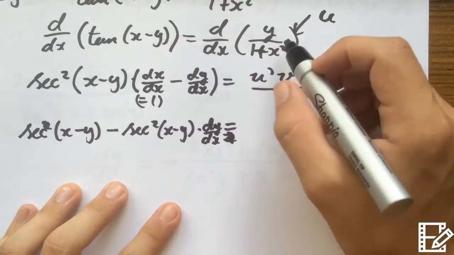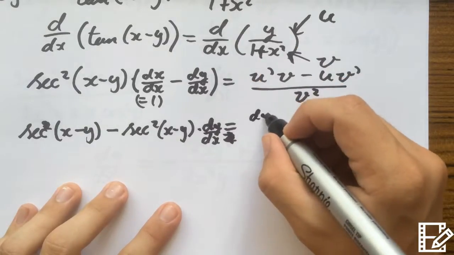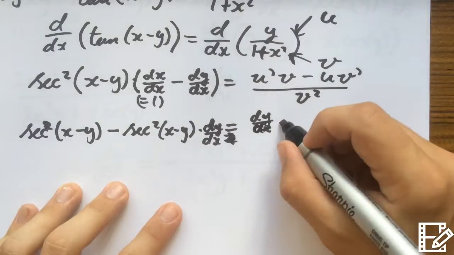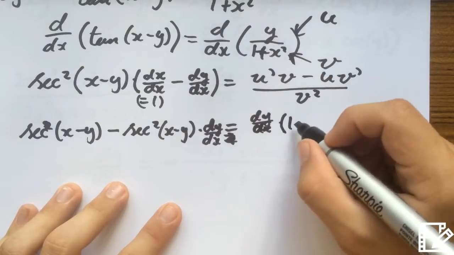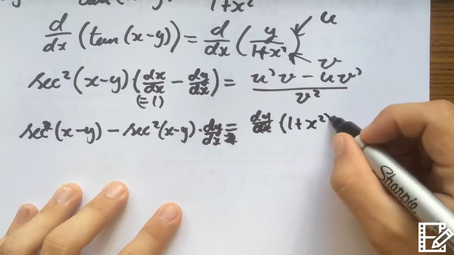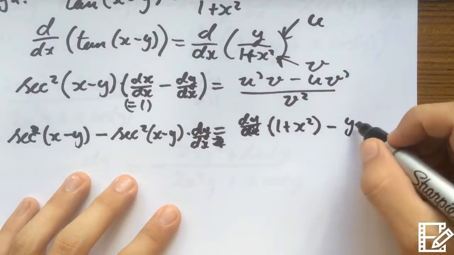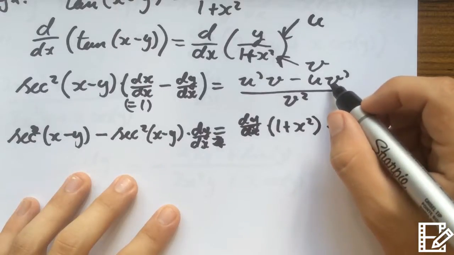So the derivative of u, derivative of y is just dy on dx multiplied by v, 1 plus x squared, minus u, which is y, multiplied by the derivative of v.